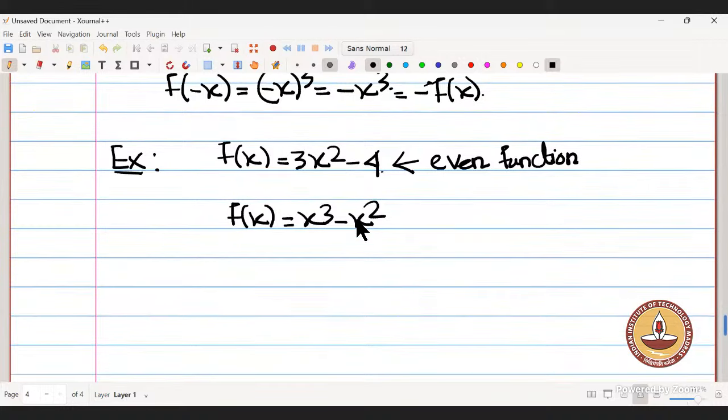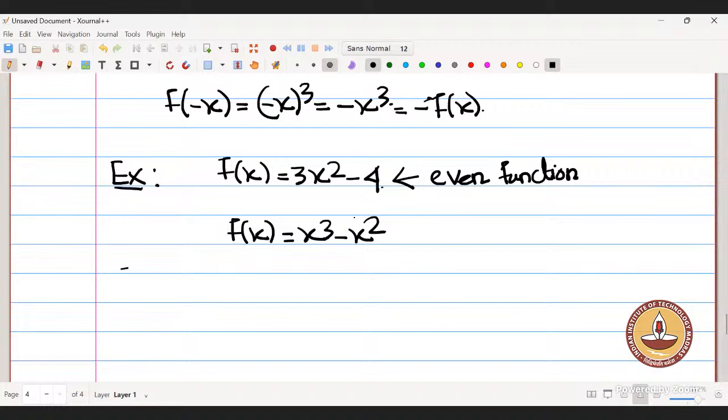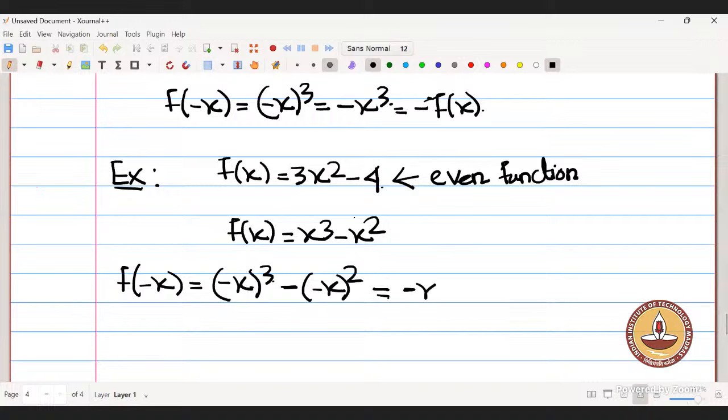Neither. So if I consider f of minus x, then what will I get? Minus of x cube minus of x square, right? Do you think this is the same as f of x?